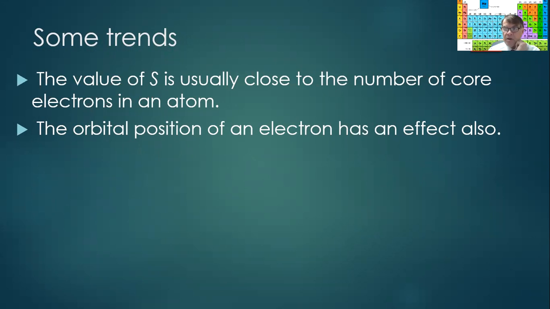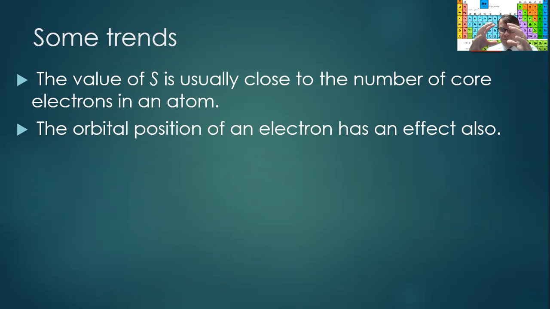For the ones in the first two groups, their outer electrons are in a sphere, the s orbital, so they're basically always more or less equidistant from the nucleus.